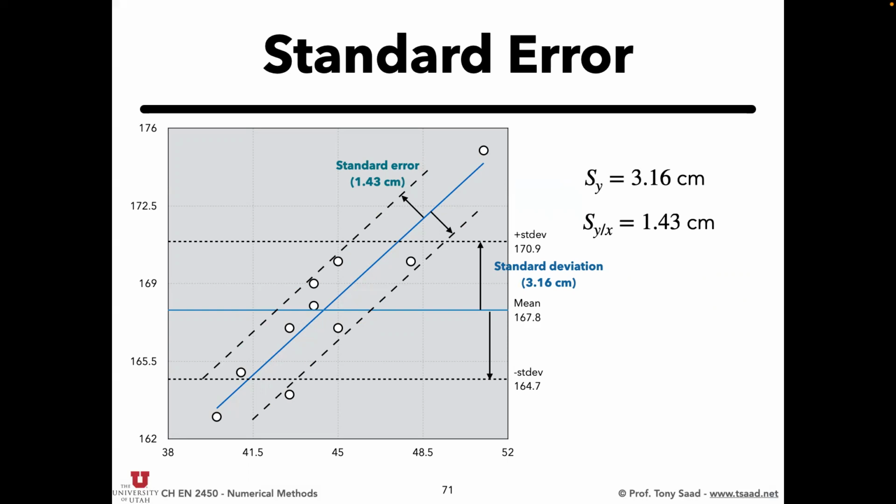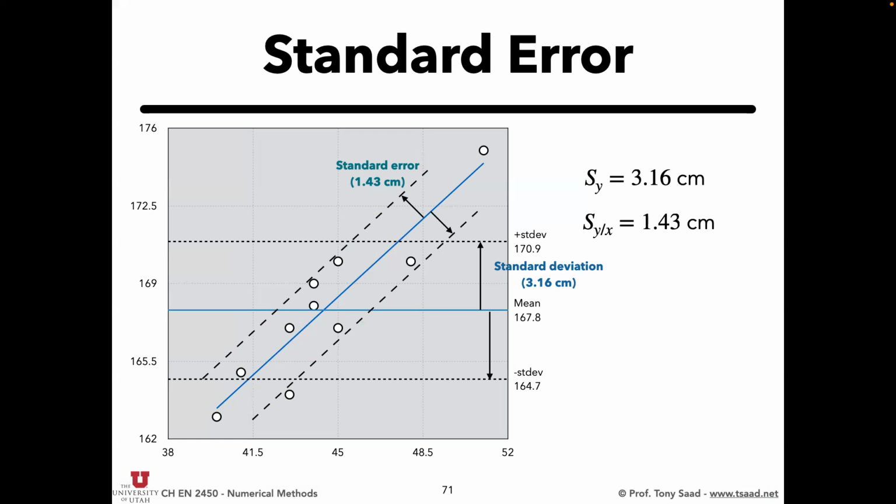There are so many ways to spin this. So think of it again. What we call standard deviation, if you are using the mean value to predict and describe the data, the error committed in that description is called the standard deviation. Over here that was SY equals 3.16. Now I came in and brought a new model for you called a straight line regression.